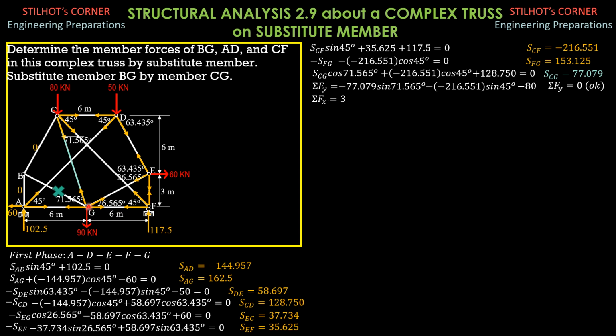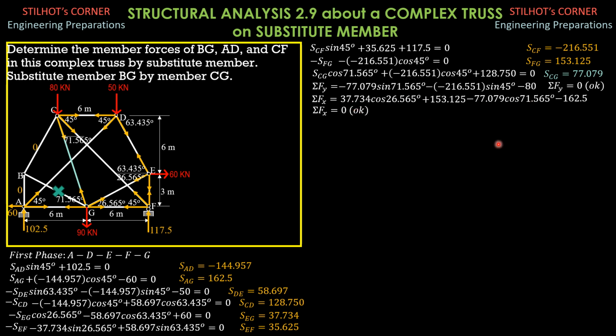Let's check equilibrium of joint G. Summation of forces X is first SEG, which is 37.734 cosine 26.565 degrees plus SFG, 153.125, then minus the X component of CG, which is minus 77.079 cosine of 71.565 degrees, minus SAG, minus 162.5.